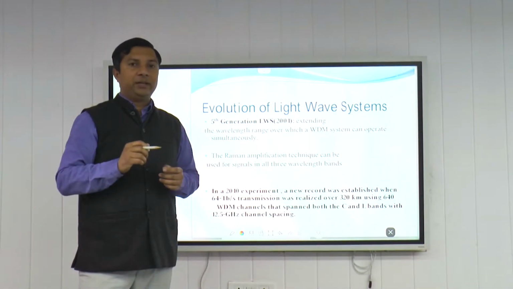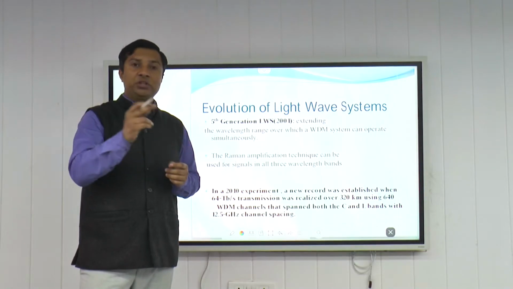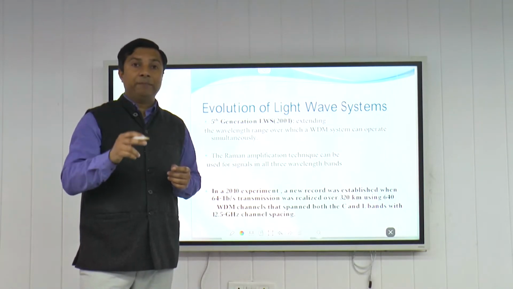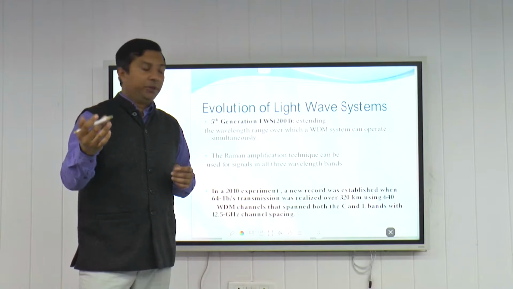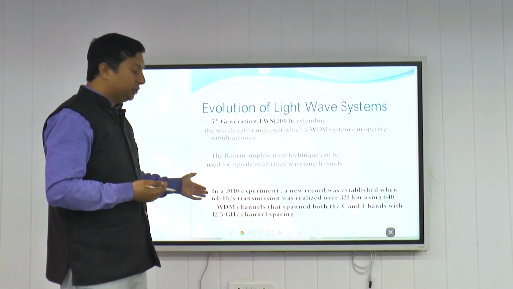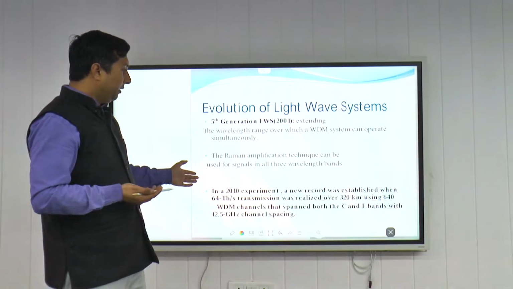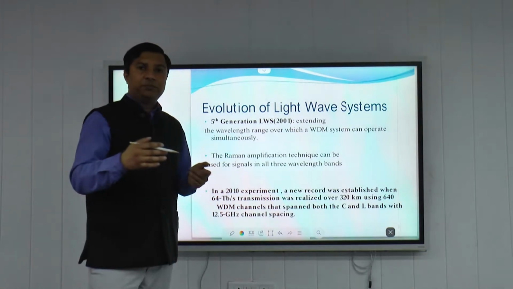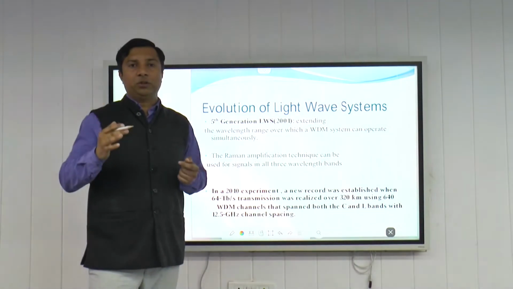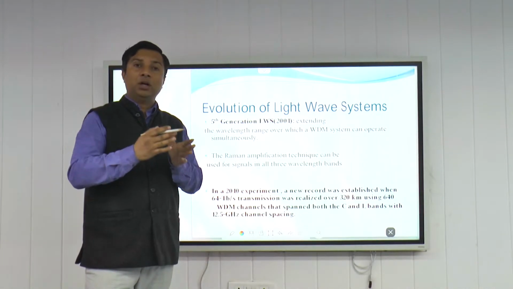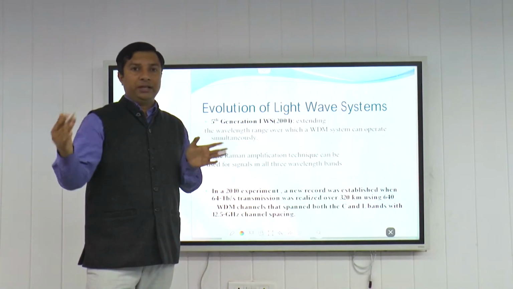So just see, from first generation, we started from 45 MB per second up to 10 kilometers, and now we are talking about 64 terabytes per second. Okay, and we can transmit data up to 21,000 kilometers or more, and without huge spacing between repeaters.